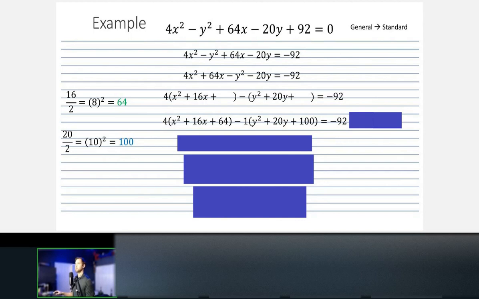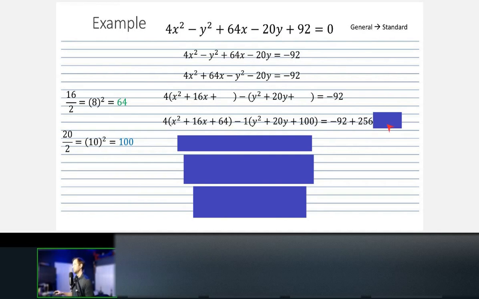Are we going to add 64 to this side? What number are we adding to the other side? Yeah, whatever 64 times 4 is, which is 256. Yeah, because 4 times 64 is 256, just like it was an ellipse.